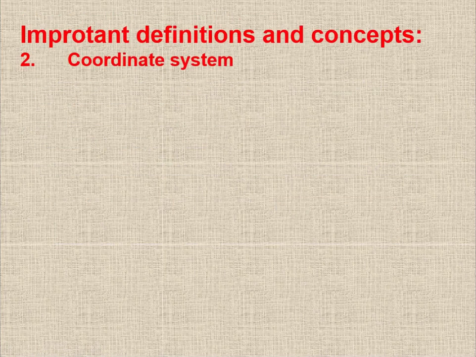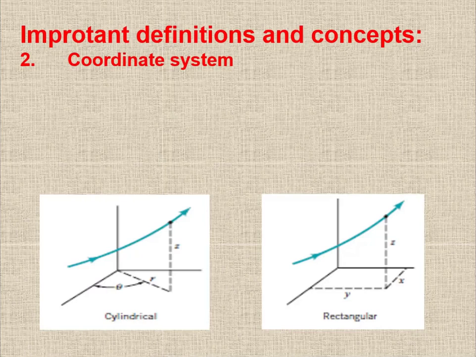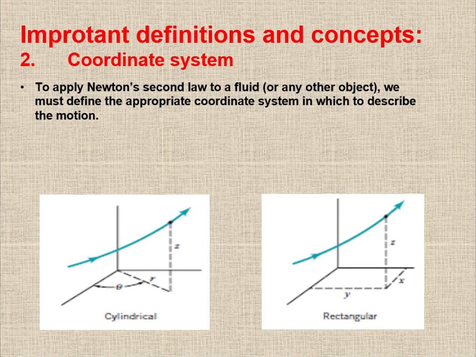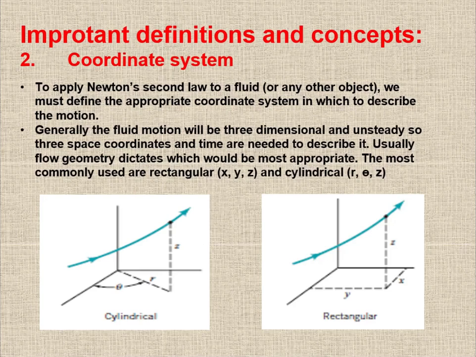Now the third assumption or consideration we are going to make, the coordinate system. Whenever we apply Newton's second law to a fluid, or any other object, we must define the appropriate coordinate system in which to describe the motion. Generally the fluid motion will be three-dimensional and unsteady, so three space coordinates and time are needed to describe it.